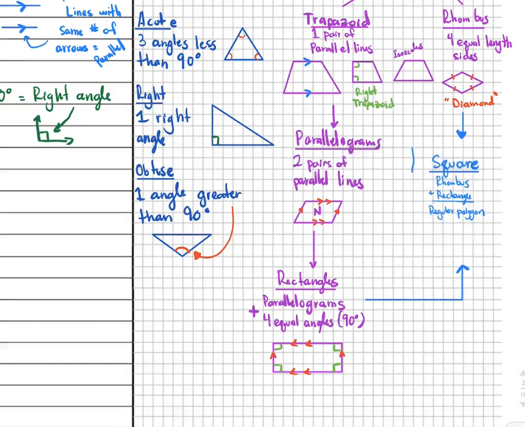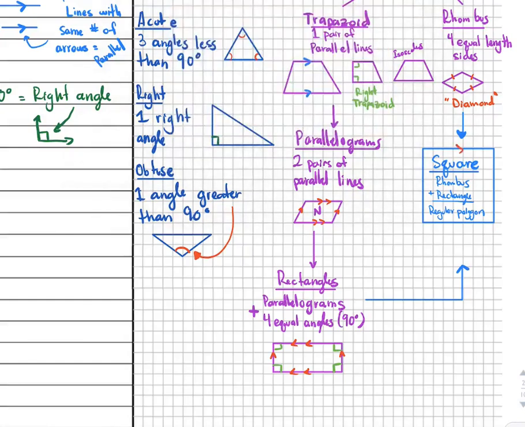So 1, 2, 3, 4, 5, 6, 7 spaces. 1, 2, 3, 4, 5, 6, 7 spaces. Let me scoot these over a little bit. There we go, so that way we can use this as an example.